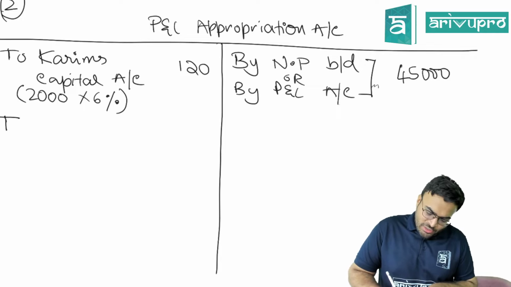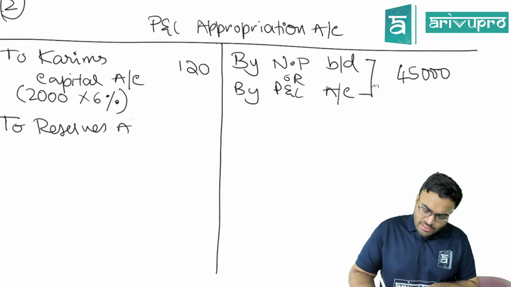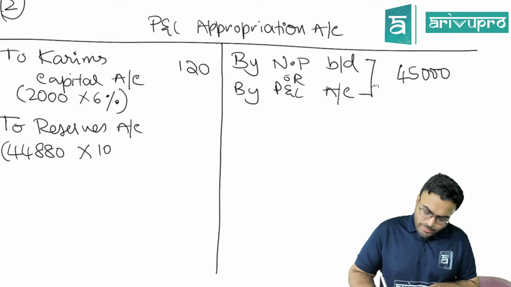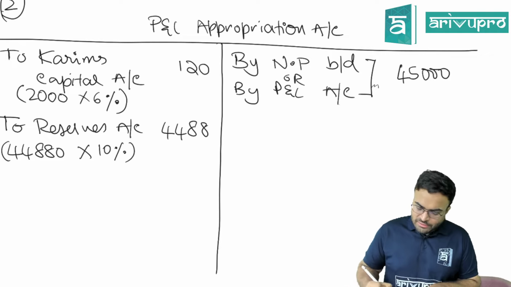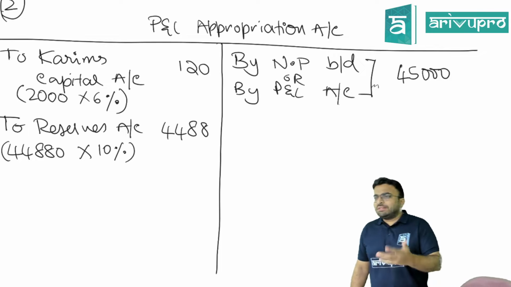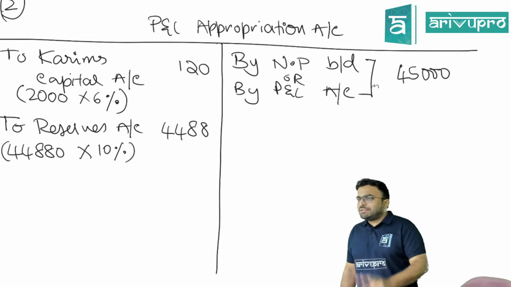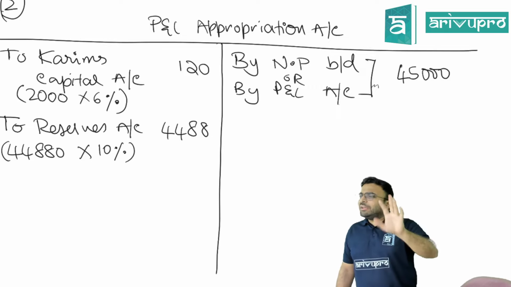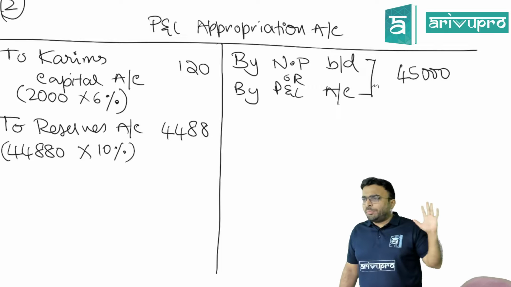P&L appropriation account debited to reserves account. 44,880 into 10%, so 4488 is transferred to reserves. Reserves and all, only if they tell you we will pass the entry. Otherwise, there is nothing to be done by our side. If they tell keep this much in reserve, we'll keep that much in reserve. Remaining profit will be distributed to partners.